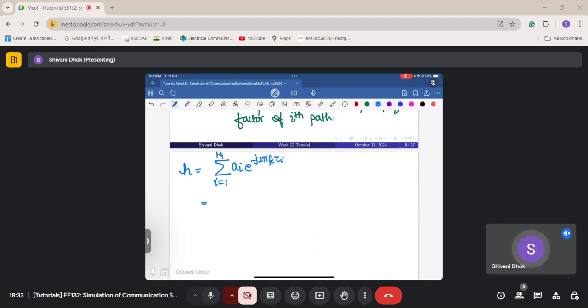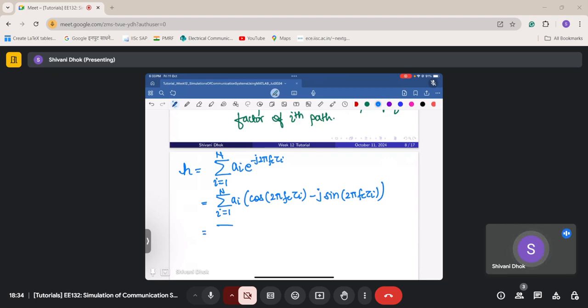This e power minus j 2 pi fc tau_i you can write as cos of 2 pi fc tau_i minus j times sine of 2 pi fc tau_i.